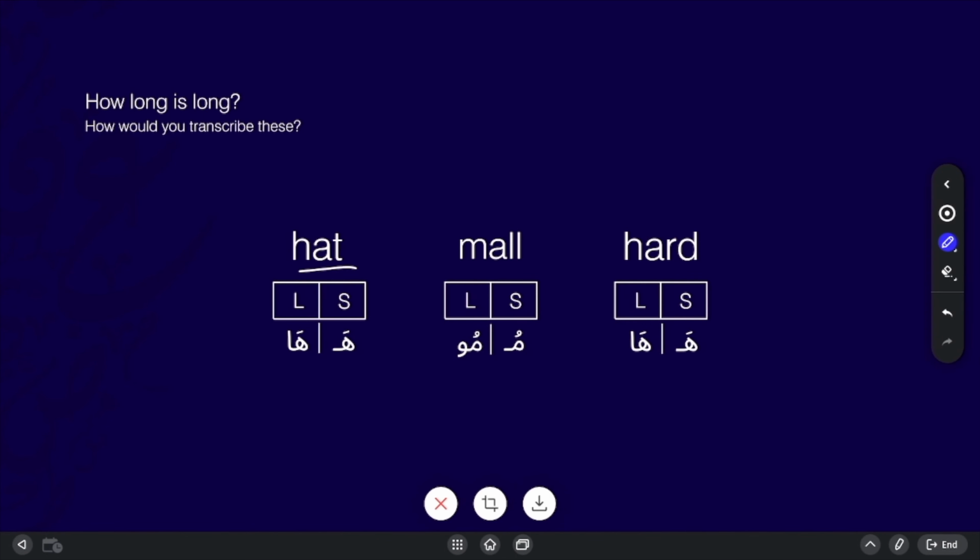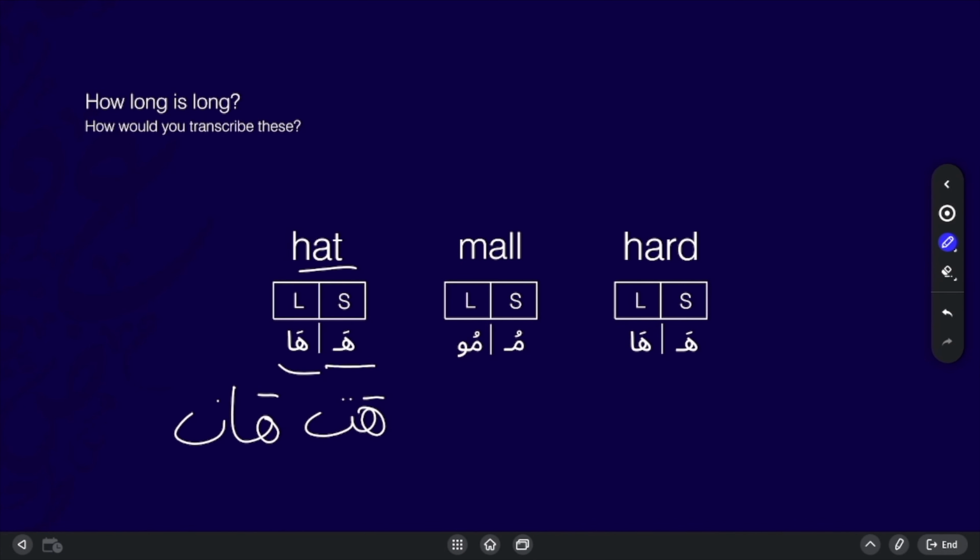hat. If you were to transcribe the word hat in Arabic, meaning just write the sounds, would you use a short ha in hat or a long ha in hat? In other words, would it be like this, short vowel, or would it be like this, long vowel? Same thing for mall.